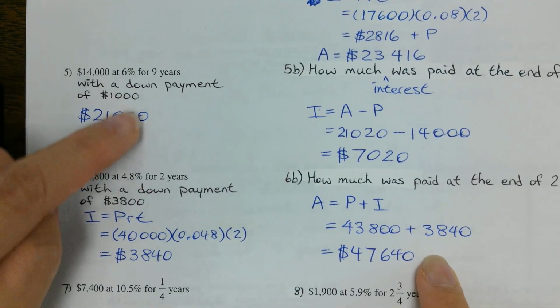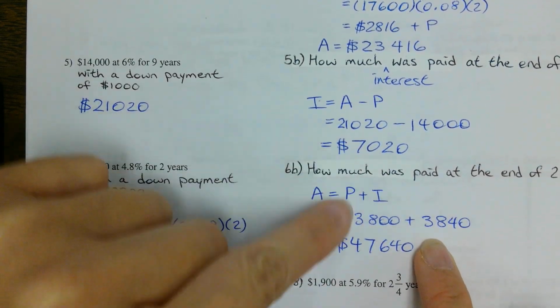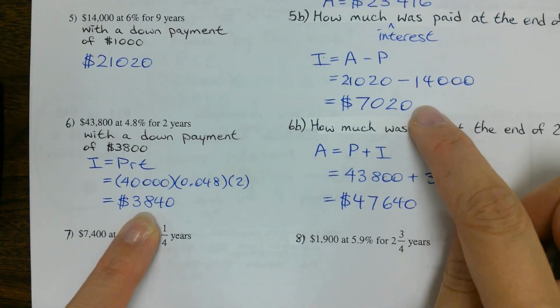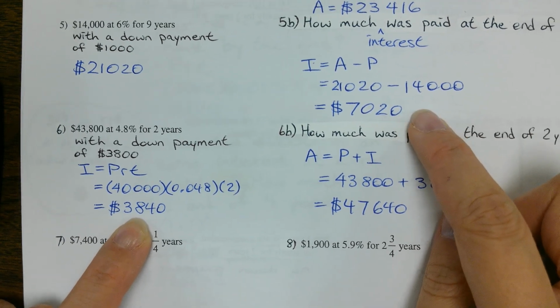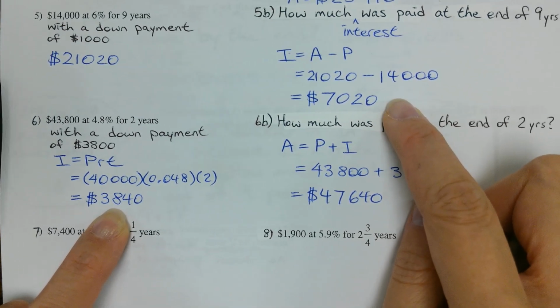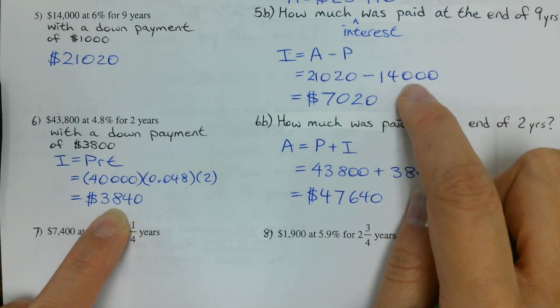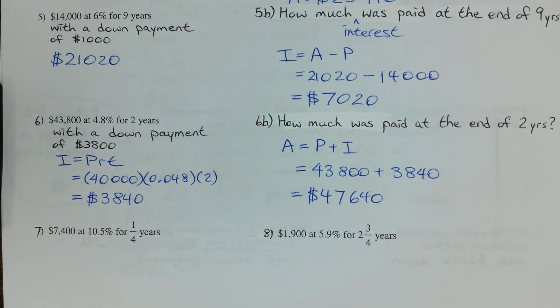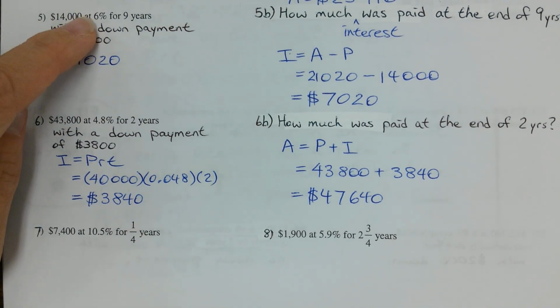Okay, so take a look at this one and this one. Only 60. Oh. Yeah. So why was there such a big difference? Why this one I had to pay $7,000 in interest for a 14,000 motorcycle, and this one I only paid 3,800 for a 43,000 Lexus. There's a higher interest on the first one for a longer period of time.